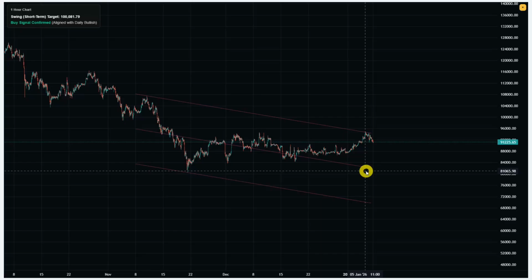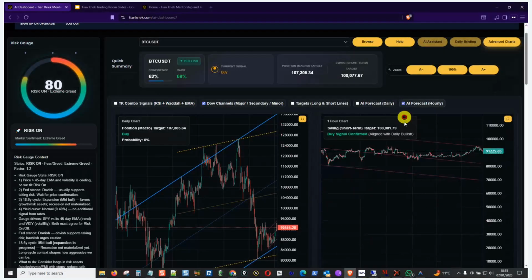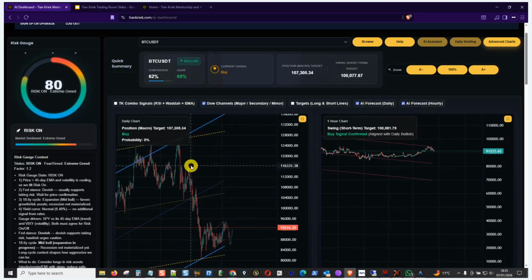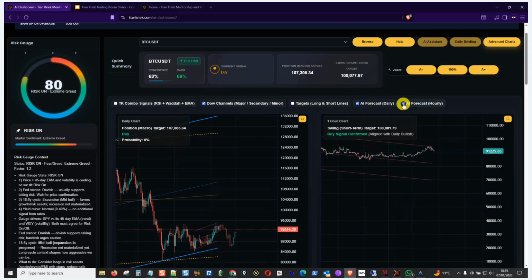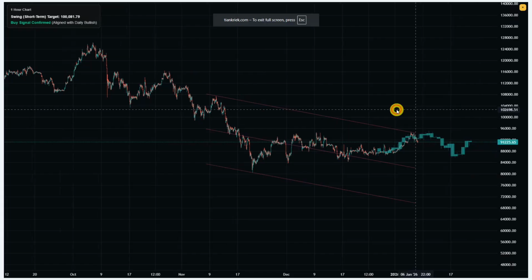But there is a buy signal, so I'm happy with that. Let's add the hourly AI forecast. Oh, there we go. Just needed to click on it.